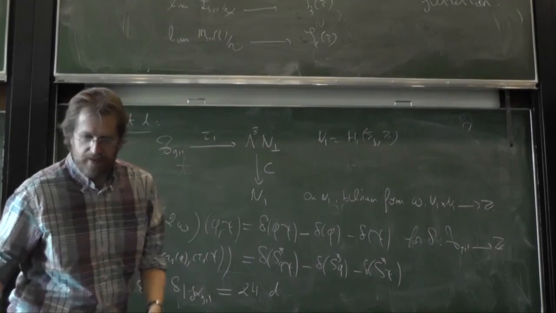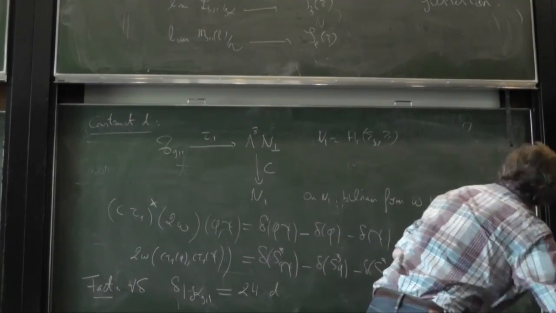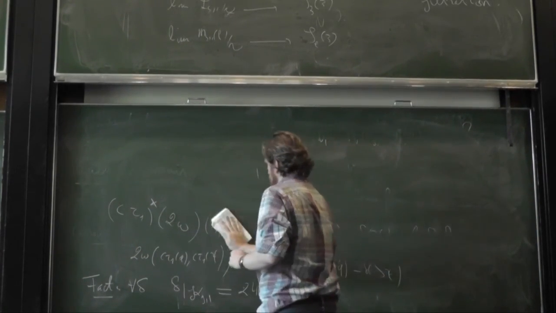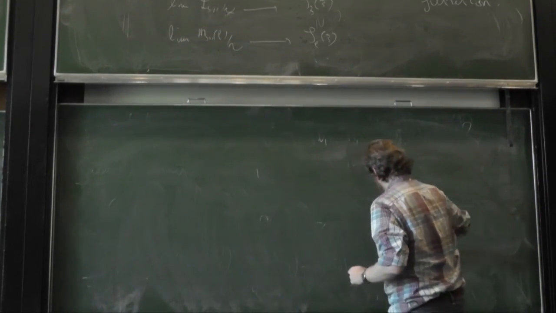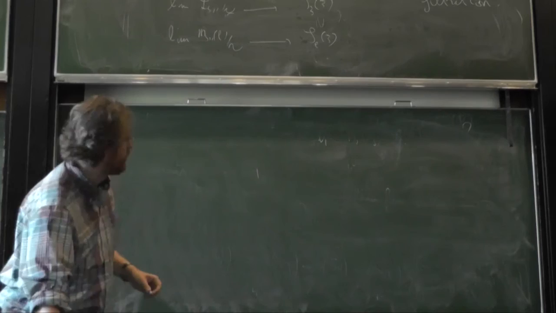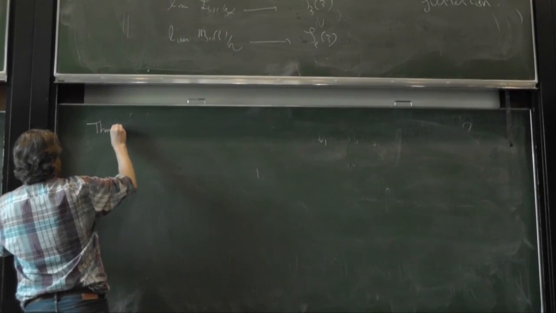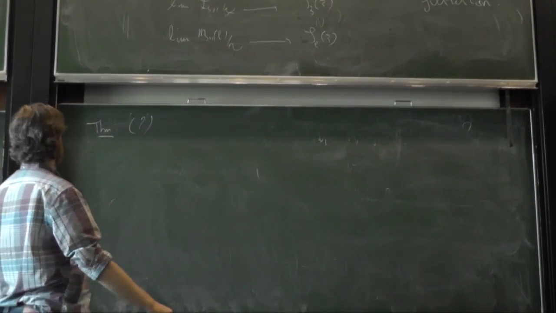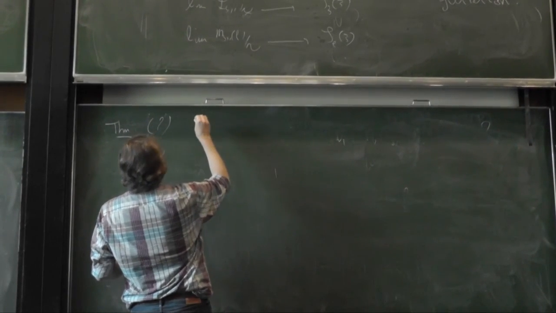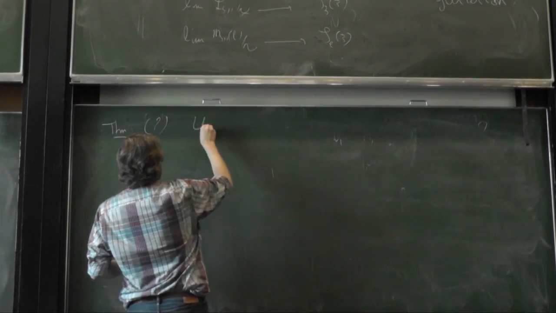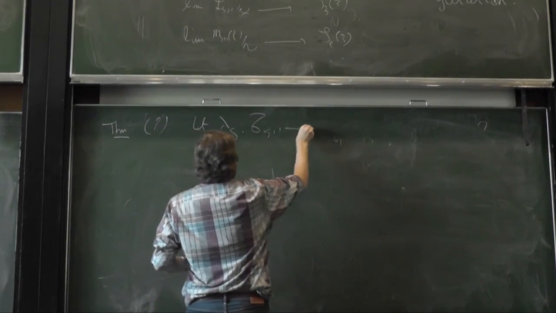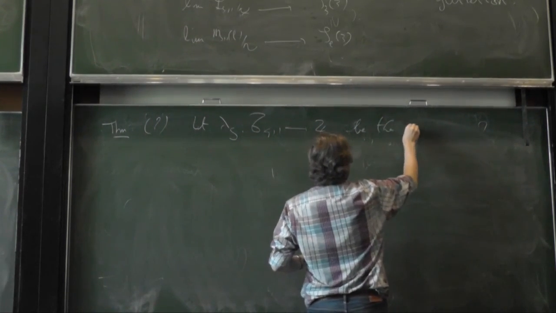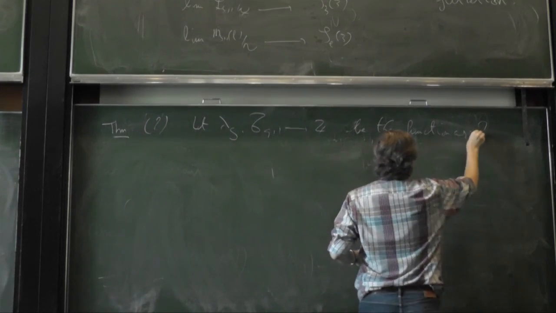There is a theorem, but I never remember who proved it. I don't remember the author, it's Ohtsuki or Murakami, I never remember which one. That says: let lambda from the Torelli group into Z be the function associated to the Casson invariant.